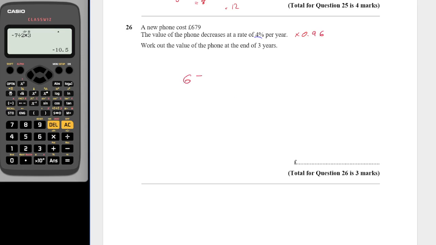So we're doing 679 times 0.96 to the power 3. 679 multiplied by 0.96 to the power 3, and that gives me my value of the phone as 600.7357... So I'm going to say it's worth £600 and 74 pence.